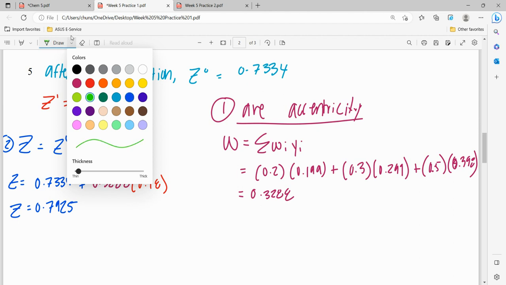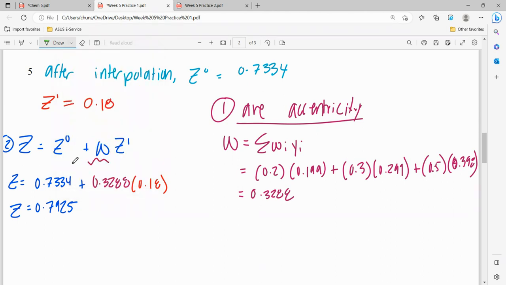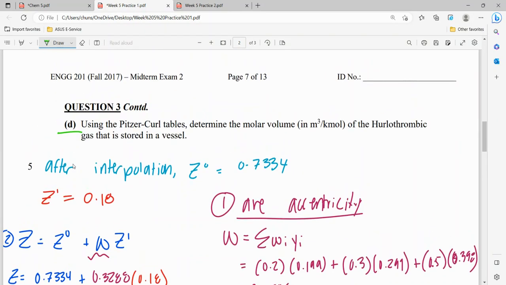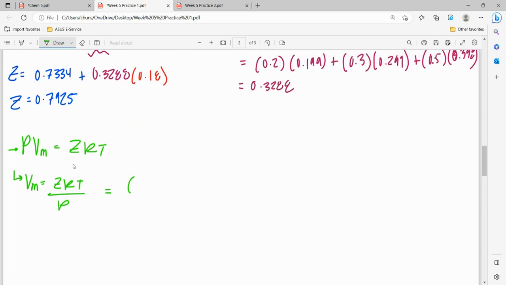So now we can calculate our molar volume. We want to find molar volume, so we're going to use ZRT over P. So we plug this in. Our value for Z was 0.7925. Let's use 8.314.